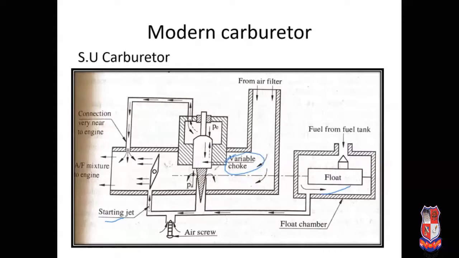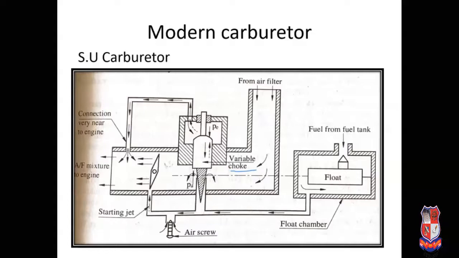At the end of the variable choke, a tapered pin is connected, and the variable choke has two sides. The upper side is open to suction pressure, and the lower side has atmospheric pressure. The lower part of the variable choke is connected with this taper pin.